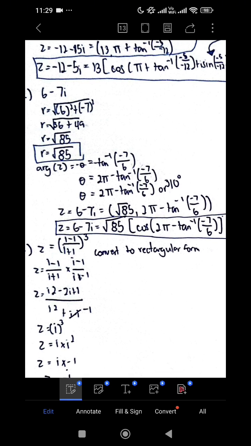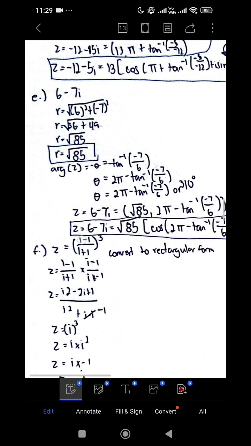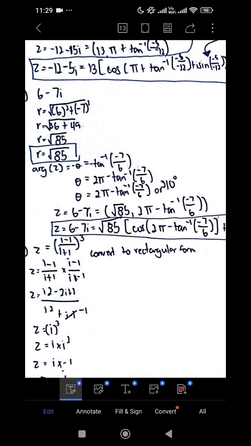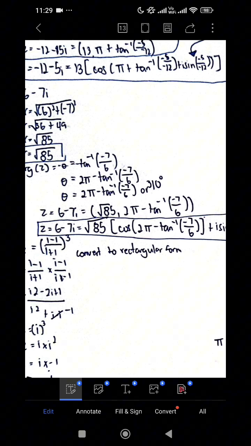When we change the value, we will get z is equal to 6 minus 7i is equal to the square root of 85, open parenthesis, 2 pi minus tangent raised to negative 1 of negative 7 over 6.